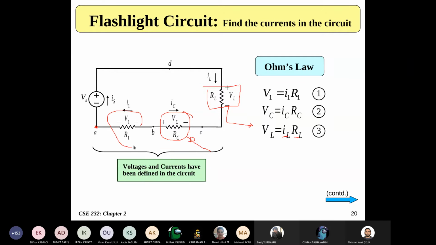And same in here. The funny thing is, I of S, which we assume is flowing this way, is the same as I of L, but has the negative sign with respect to I of C, and is the same as I of 1. Let me try to write it in here. I of S is equal to I of L. Sorry for my bad writing.